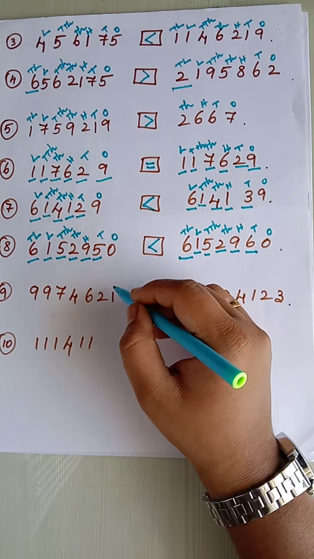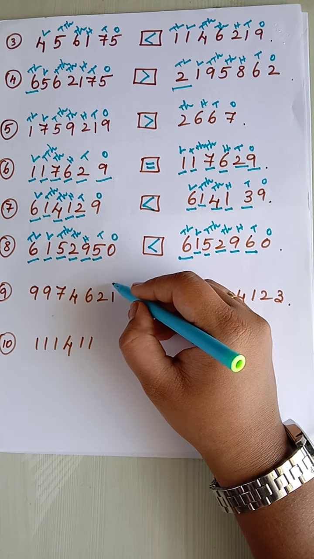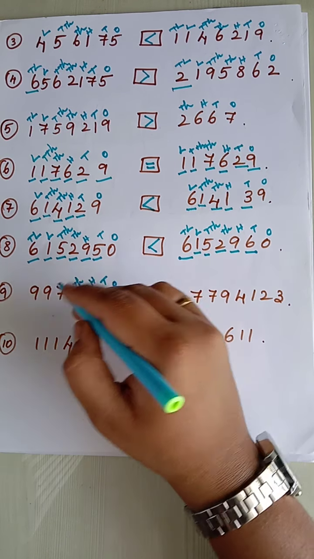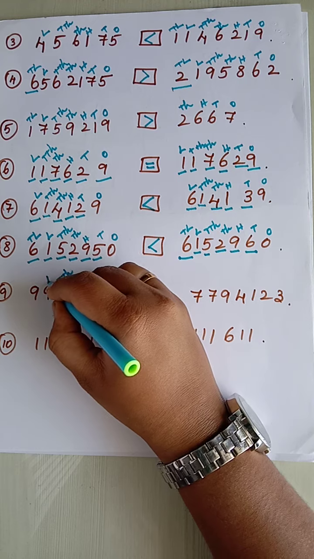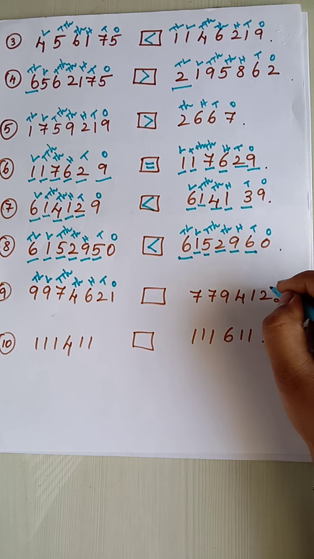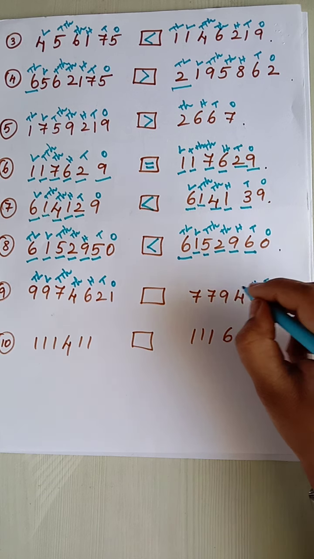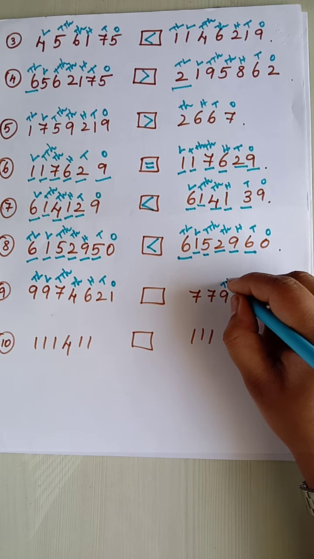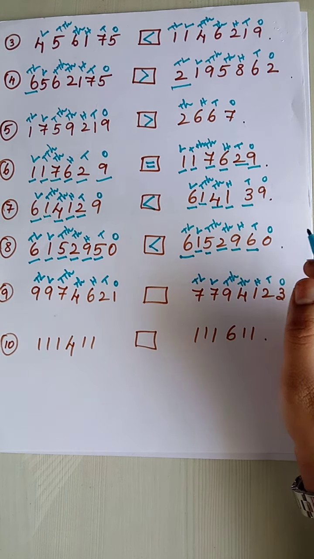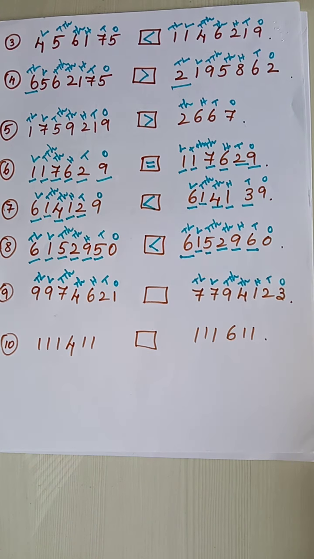So we write the place values here: ones, tens, hundreds, thousand, 10,000, lakh, 10 lakh. This side also we write ones, tens, hundreds, thousand, 10,000, lakh, 10 lakh. So both sides of our place values are same here.